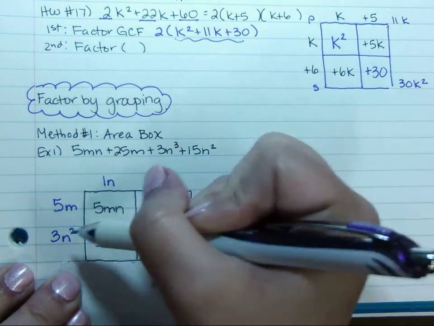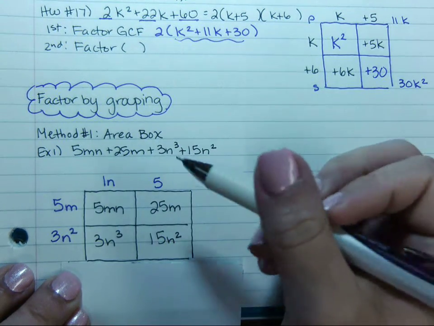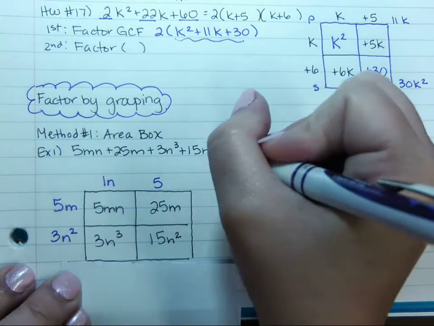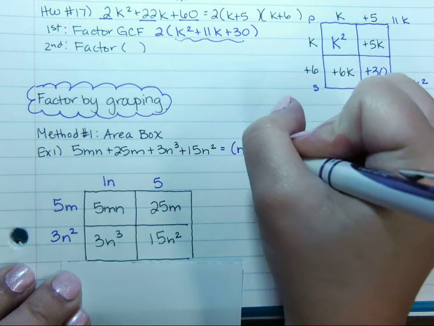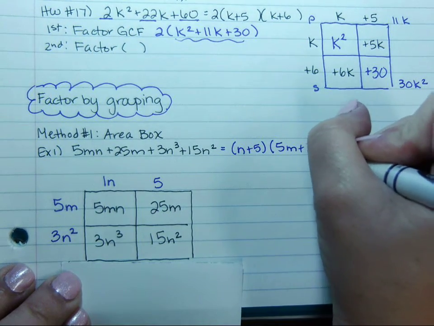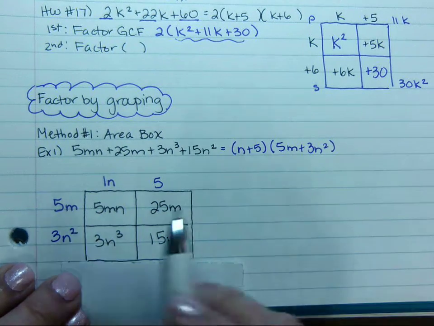Here, no n's times n squared gives me n squared. So you still want to multiply the outsides to make sure the products are the inside part of the box. That ends up getting us n plus 5 times 5m plus 3n squared as the factoring of this polynomial.